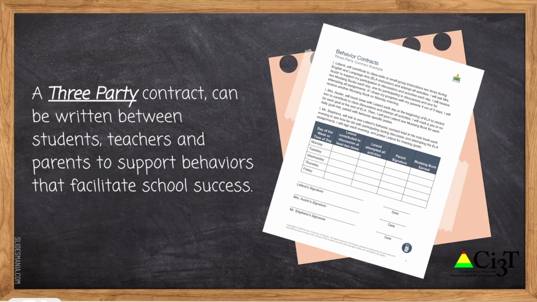The parents look it over, sign it, and provide a little reward for the student for earning their goals or meeting their benchmarks for that day. So the student's behavior is changing. The student is rewarded by the teacher at school, and then as a result of having a good day, the teacher sends home the progress report, and their parents are rewarding them at home.